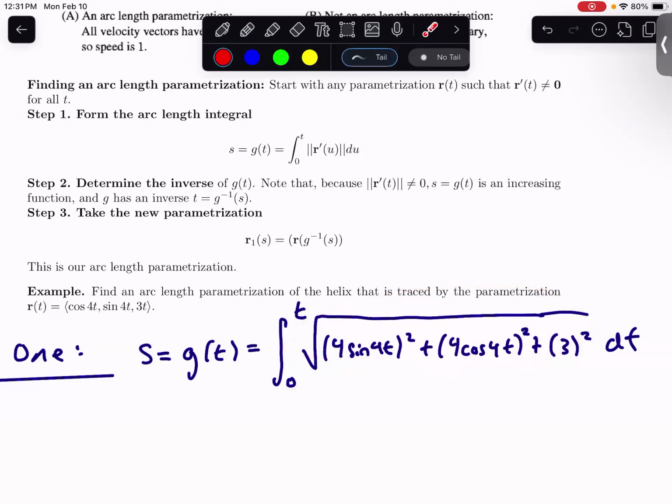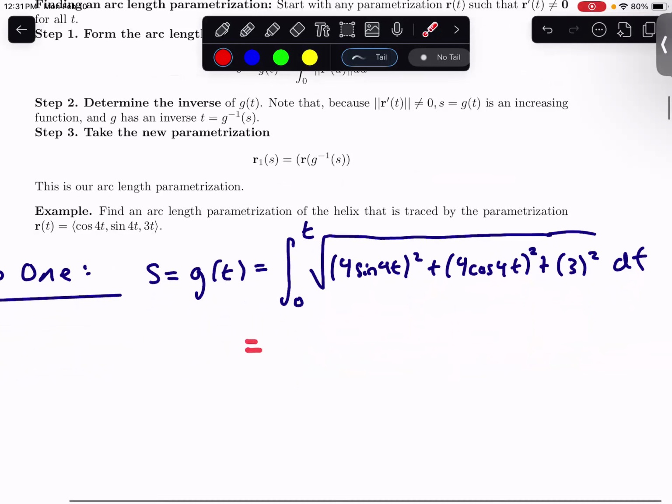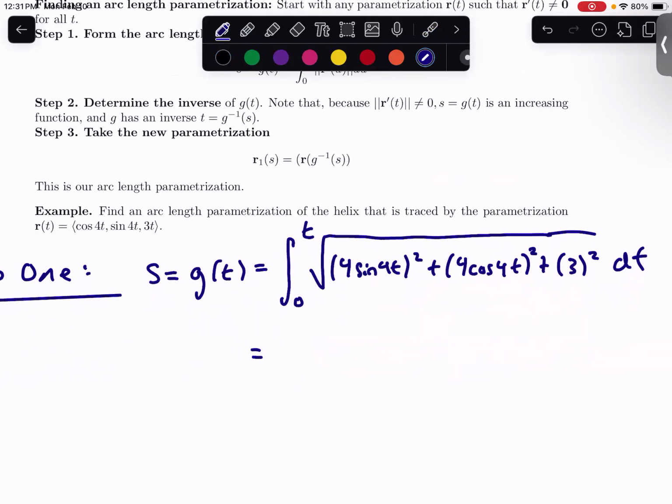Right, and so this is just going to be equal, again, it's kind of the example we looked at before, right? So this is going to be equal to the integral from 0 to t. If you square this out, you'll get 16 times sine squared plus 16 times cosine squared. You factor out a 16, and sine squared plus cosine squared will just end up being equal to 1.